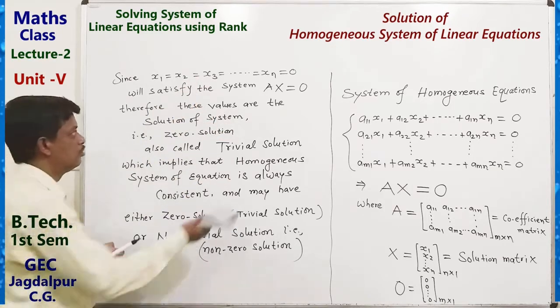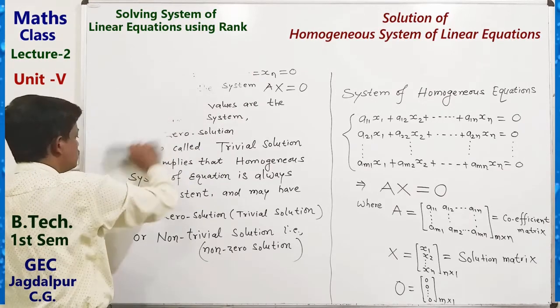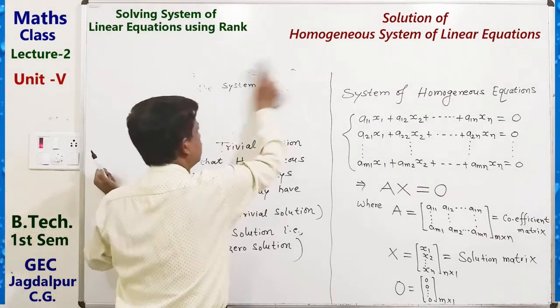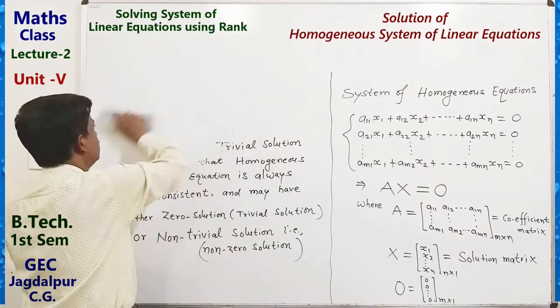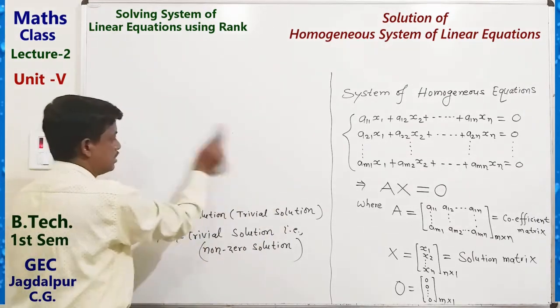Now, the zero solution always exists, and for a non-zero solution, where some of the values of x1, x2, x3 are not 0, we can find the condition by using Rouche's theorem.